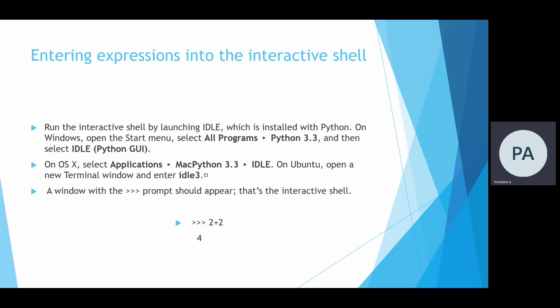Since we use Windows, we go to All Programs, Python, and then start IDLE. Once it has opened, the command prompt is displayed. You can try something simple. See, I have taken 2 plus 2 here, and I've got the result 4. So the same thing we will run in IDLE.